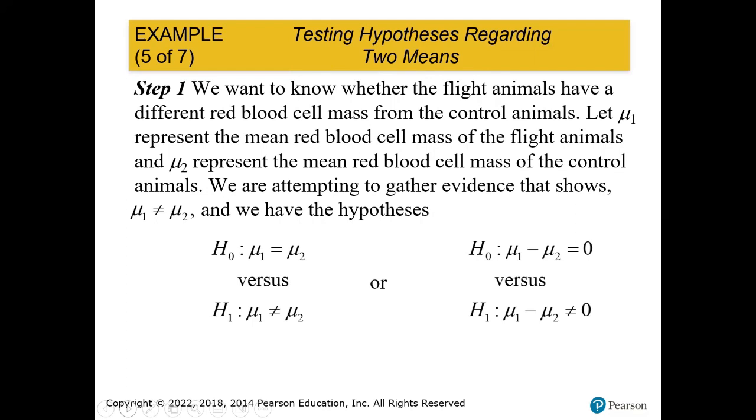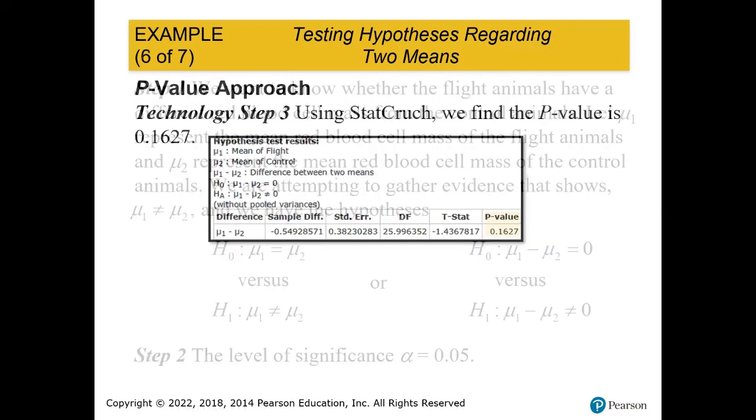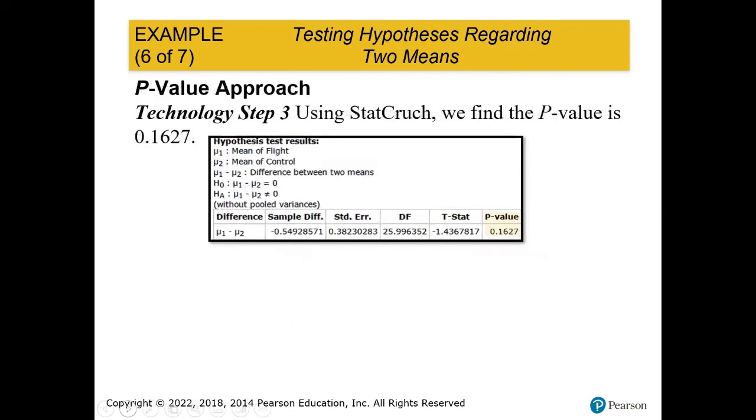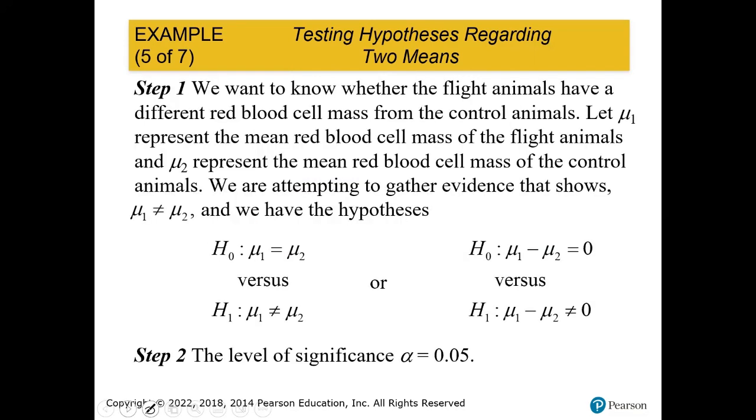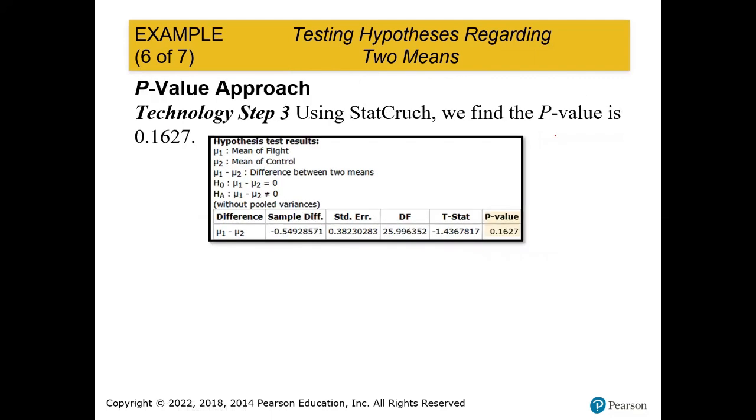So we would go to StatCrunch and enter all of our data, and we would get the following printout of a p-value of 0.1627. If we compare that, our alpha is 0.05.